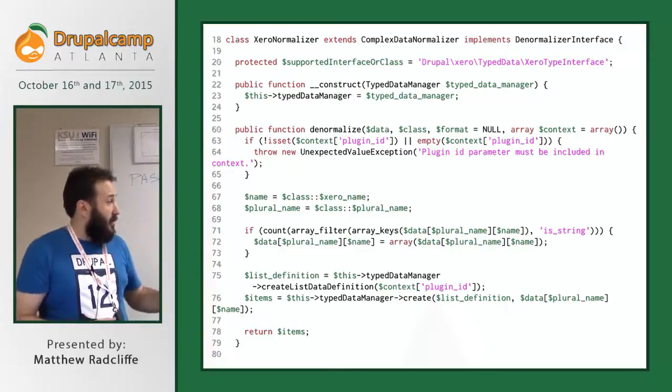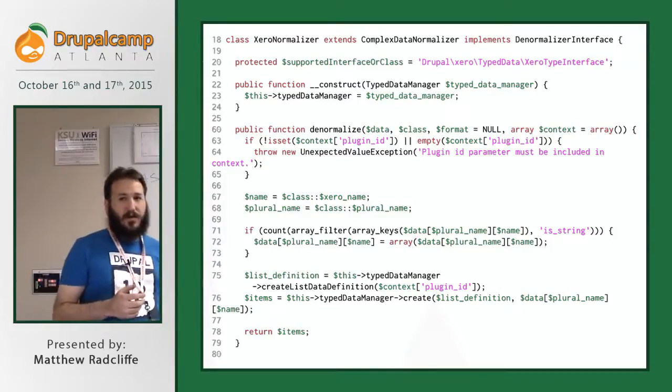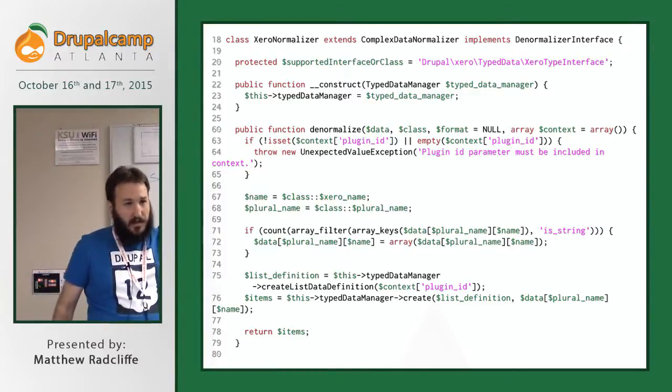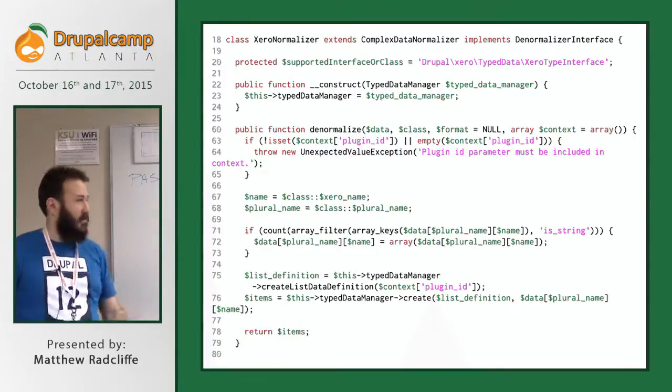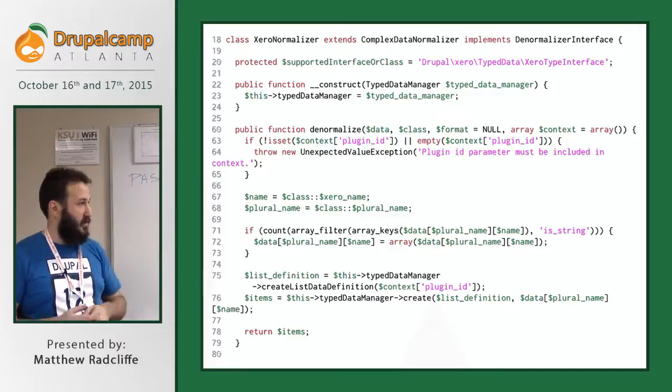And then the denormalize method takes this context array, and that context array, as you can see, has this plugin ID key, and that's the specific thing for Drupal that we need, and that's going to exist when that's called.